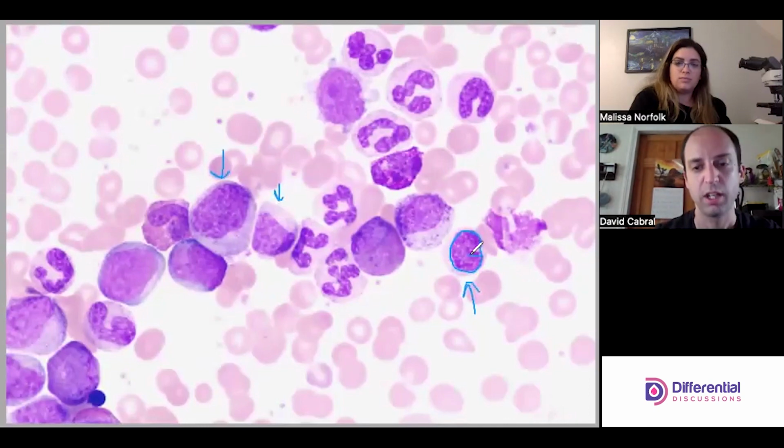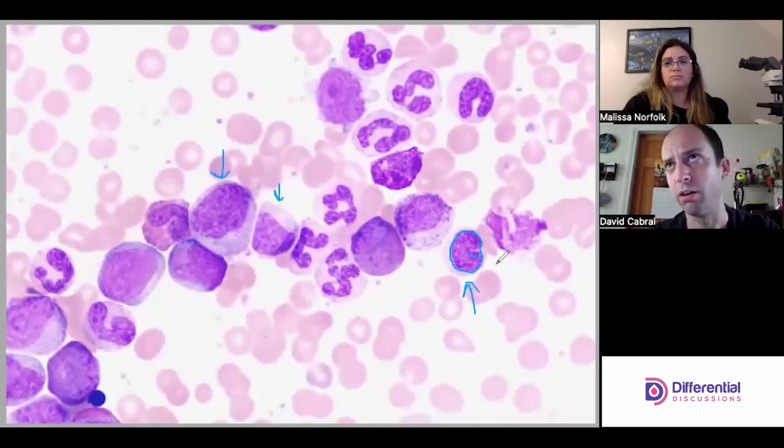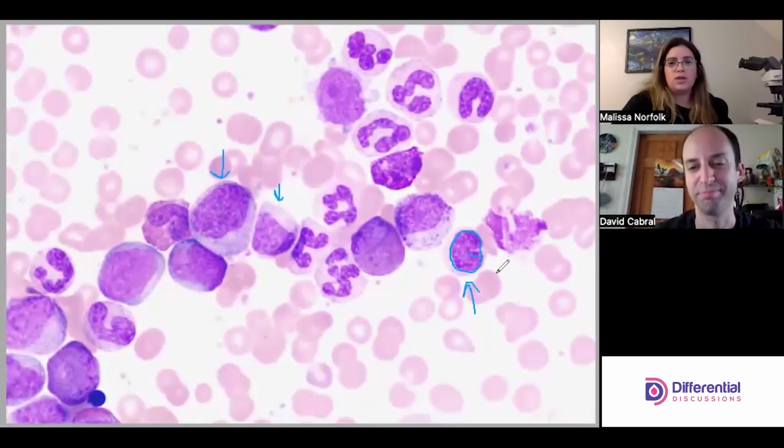And short of that, an indent less than 50% would indicate meta, right? So this one appears to be a meta by the standards that we've set out. But I'm sure there's a lot of people that might want to call this one a band. By the hair of its chinny chin chin, it's a meta. The other thing too is some folks would call that a band. Absolutely.